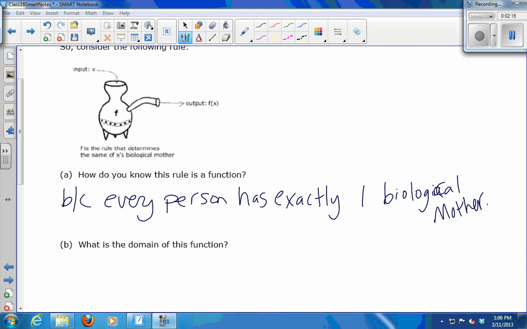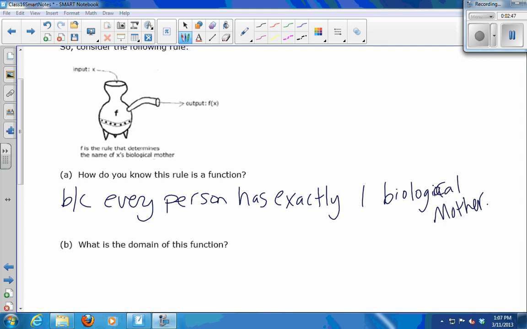So the domain of a function is the set of all inputs. So what things do we put into this function machine? What is the set of things that can go in there? X, and what does X represent? The child, yeah, the names of people, right?